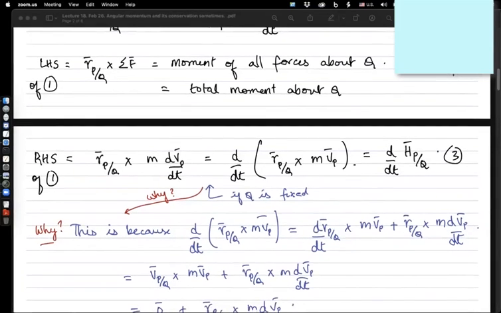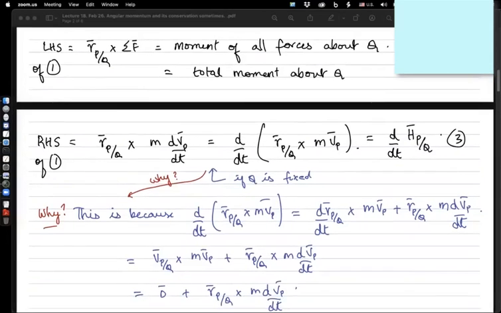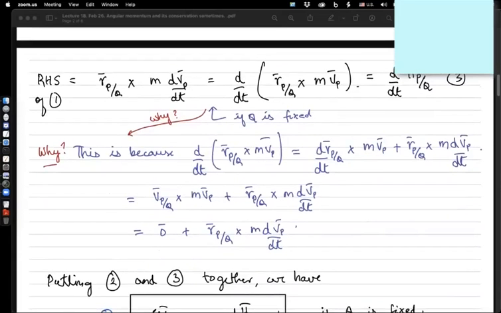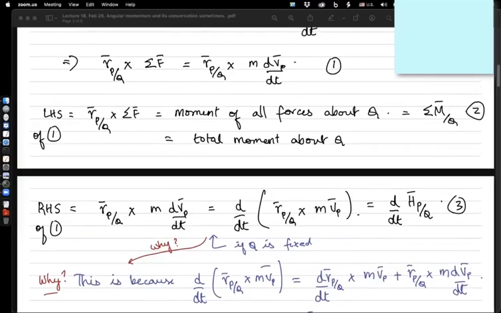dR_P/Q over dt is basically V_P/Q, so the first term is V_P/Q cross m V_P. But if Q is a fixed point, then this is basically V_P, so V_P cross V_P is going to be 0. And that's why this quantity is going to be equal to this quantity, which was the right-hand side of this equation.